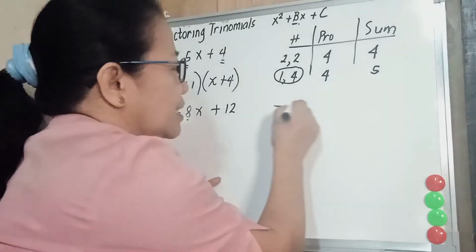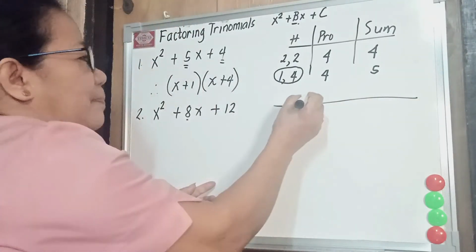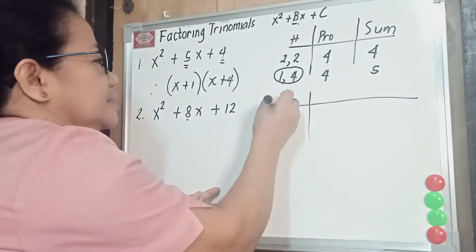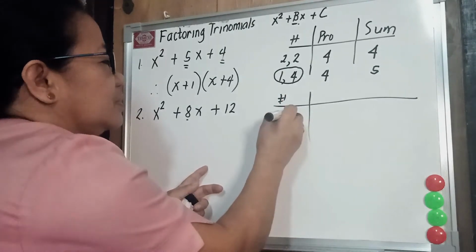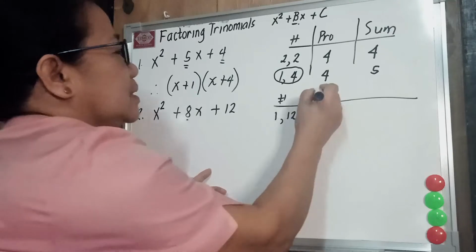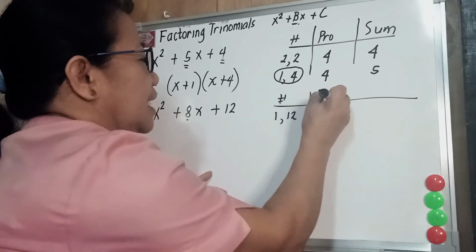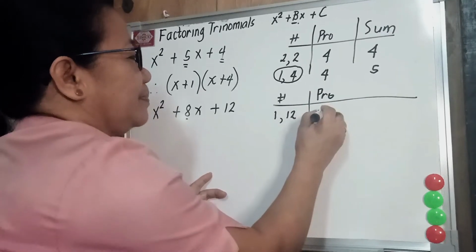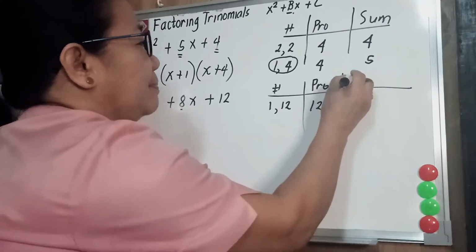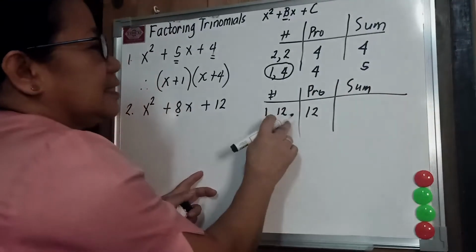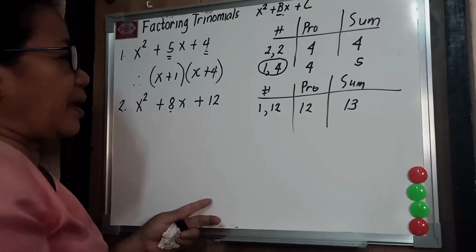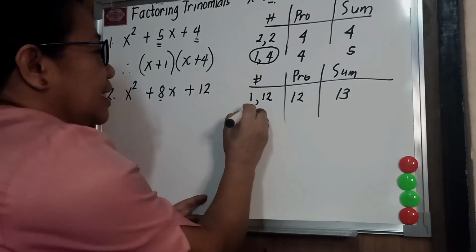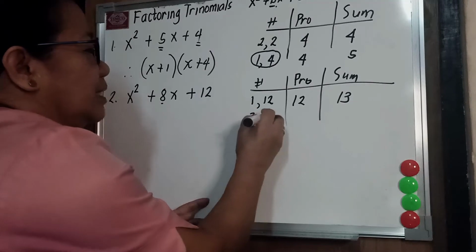Let us list down again the pairs of numbers. Let us have 1 and 12. The product is 12. The sum is 13. Let us have another pair of numbers, 3 and 4.